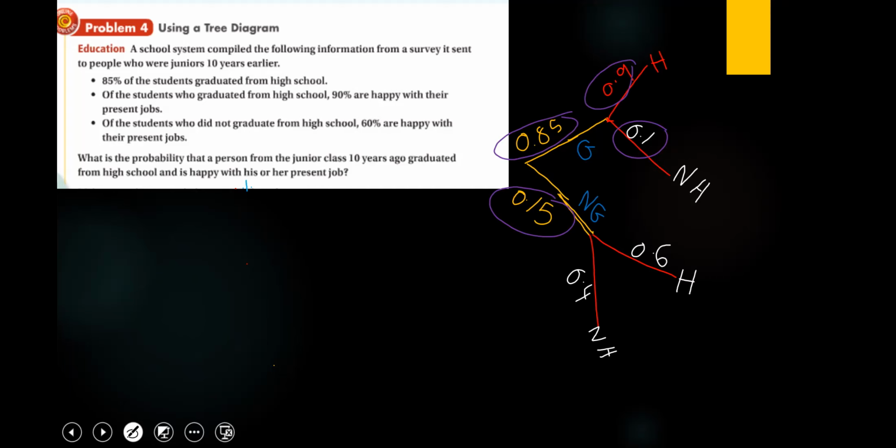This is not a number for the conditional probability. This is for and. Did you remember that in the tables, the number that is shown presents the probability of A and B? Here the numbers on the tree diagram also show the probability of G and H.